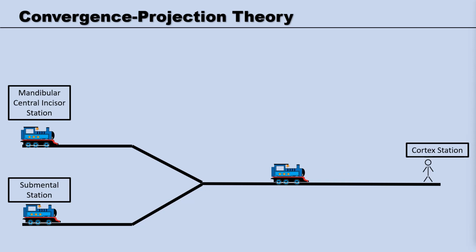If you are waiting at the cortex station and the train arrives, you have no way of knowing whether the train came from the mandibular central incisor station or the submental station, because both have shared a common pathway, that same second-order neuron from the spinal nucleus. As pain is interpreted in the cortex, there is a slight confusion of where that pain originally came from, or where the noxious substance originated.